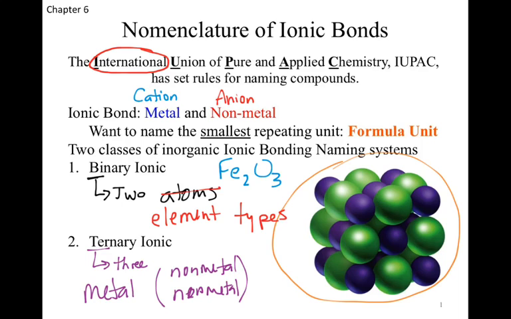An example there would be something along the lines of, let's say, potassium sulfate. Your potassium is your metal. We need 2 of those, so that's what that 2 is for. We'll address that as we deal with this. And then our nonmetal is the complex ion sulfate.